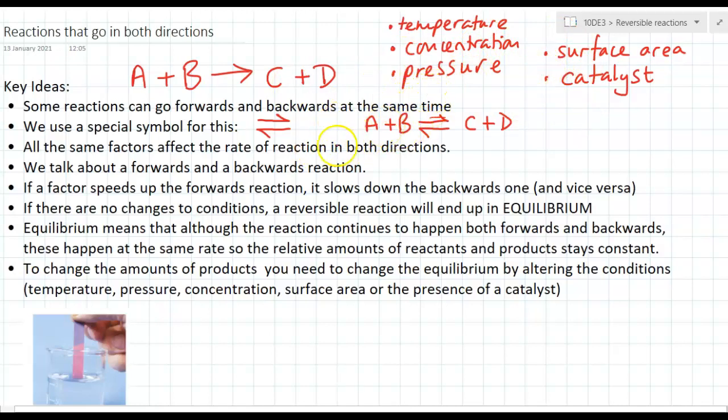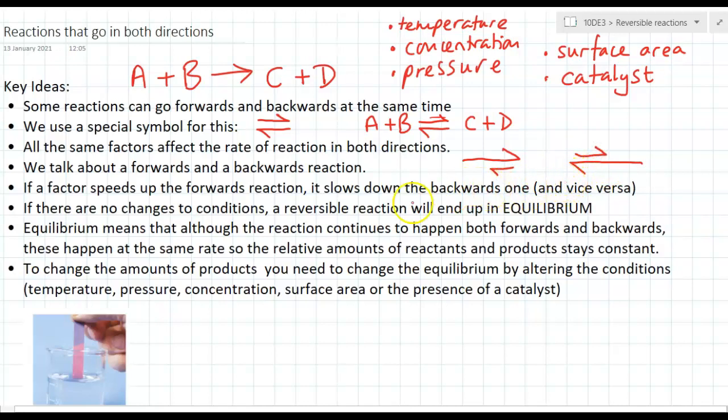Okay, when we're talking about reversible reactions, we could say any of these factors could make the forwards reaction go faster, or could make the backwards reaction go faster, or have no effect. Okay, so if the forwards reaction was going faster, we could think of it like this, and if the backwards reaction was going faster, we could think of it like this.